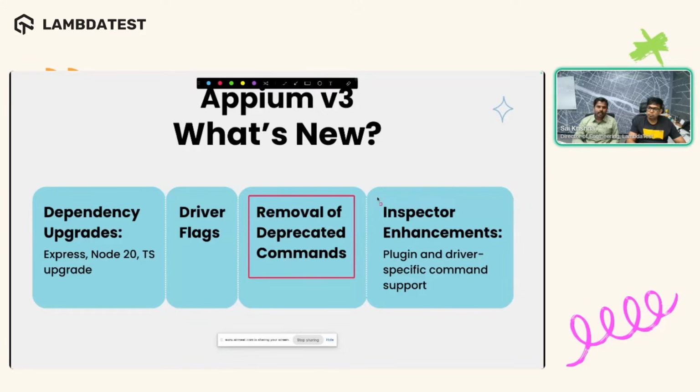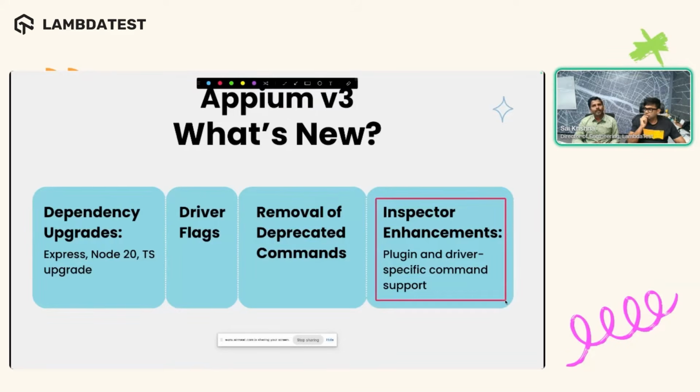And the Inspector. I think it is one of the common problems that people have been facing for quite some time with Appium 2. Let's say I'm in the insurance domain, or in a secured, constrained environment wherein I can't install an Appium Inspector that is not from my app store.